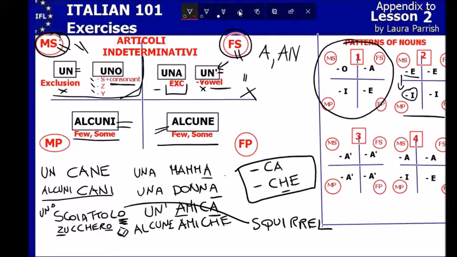S plus consonant, no. Z, yes. So, uno zucchero. And if you make it plural, it will be zuccheri. Because the indeterminative article of the plural doesn't exist, it will be alcuni, that means few, alcuni zuccheri.